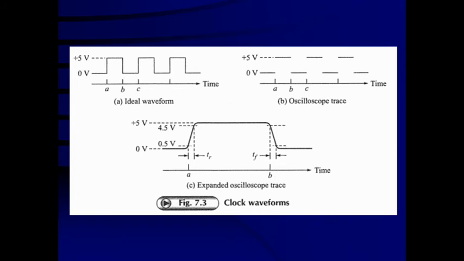But even if it is not exactly 5 volt, if it is 4.8 volt, that is also perfectly acceptable if that voltage level is perfectly stable, unchanging. That means with respect to time, this level is absolutely constant. It is not fluctuating, 4.7, 4.6 or 4.9, 5.1.